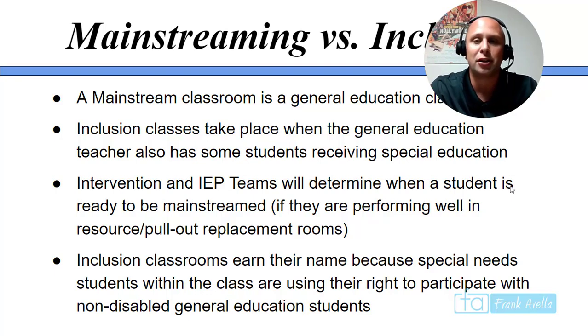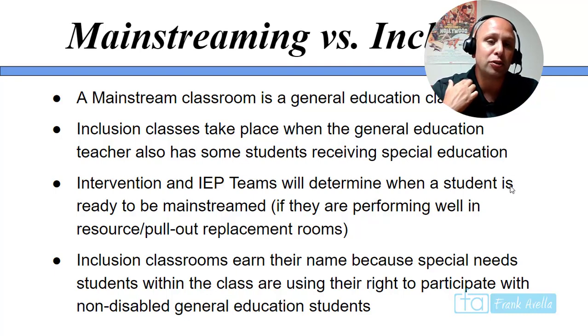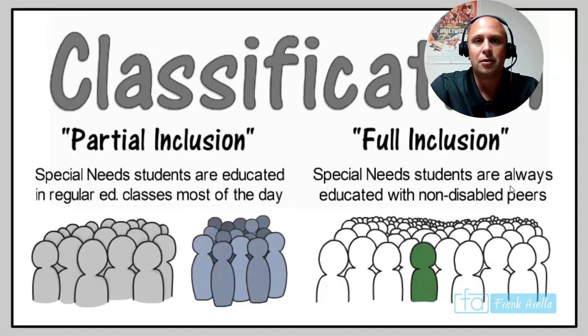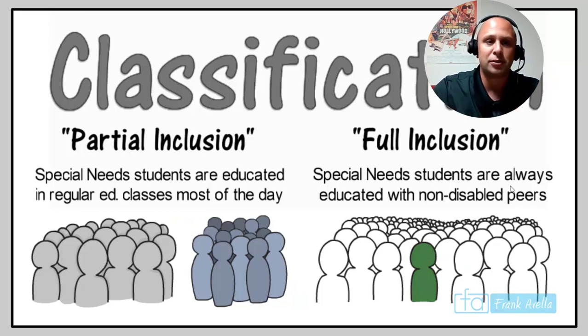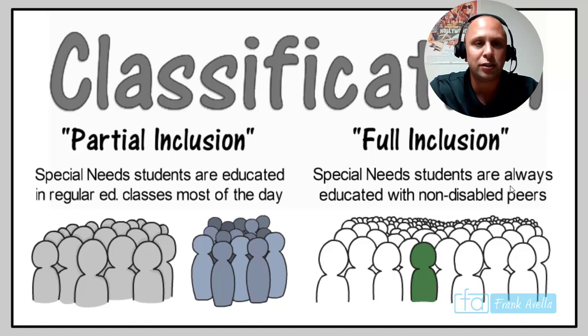Inclusion classrooms earn their names because special needs students within that class are using their right to participate with non-disabled general education students. That's where the name comes from. Classification: there are two types, partial inclusion and full inclusion. If special needs students are educated in a regular class most of the day, it's partial inclusion.